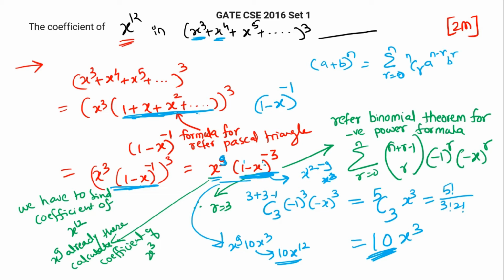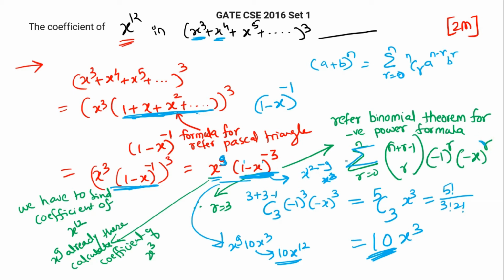The coefficient of x cube in this equation is given by the formula: summation of r equal to 0 to infinity, (n plus r minus 1) C r, x raised to r. This is the formula for calculating this expansion.